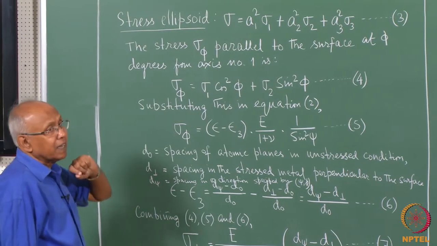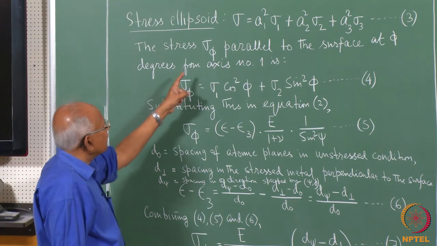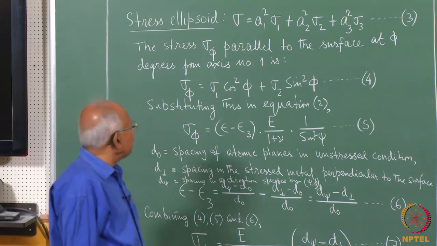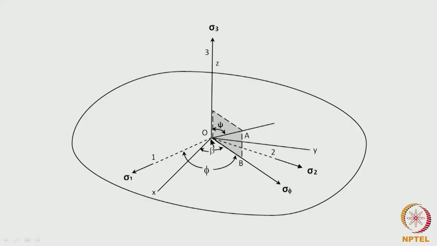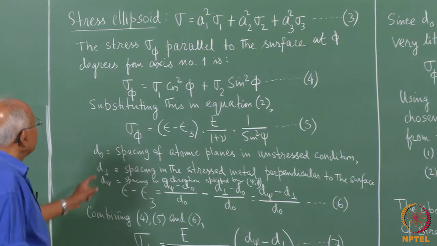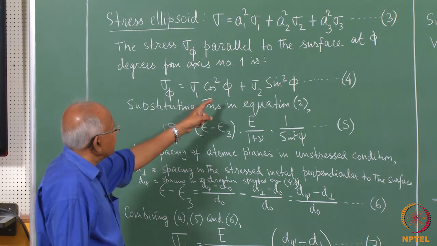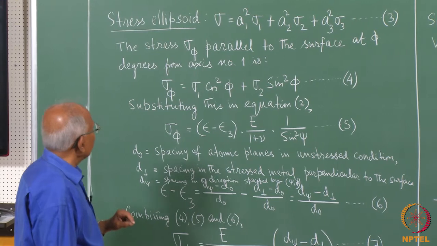So, this is our equation 3. Now, the stress sigma phi parallel to the surface at phi degrees from the axis number 1, that means this one over here, is sigma phi equal to sigma 1 cosine square phi plus sigma 2 sine square phi. This is our equation 4.